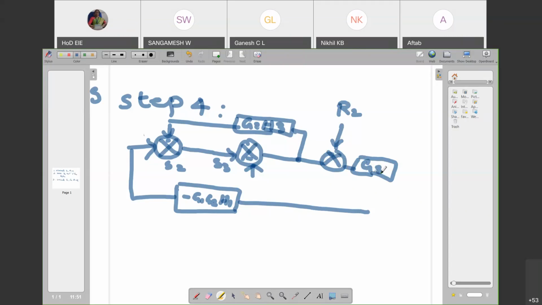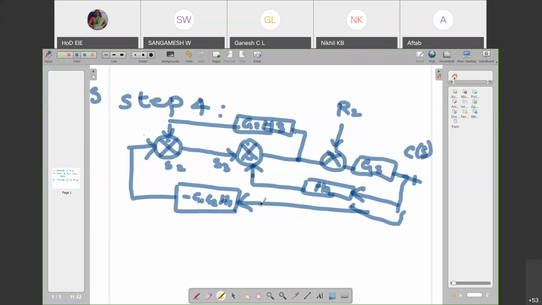G3 is 1 here, and G3 is also having H2, two feedbacks from G3, and one forward path to C of S. This is what resulted after step 3.